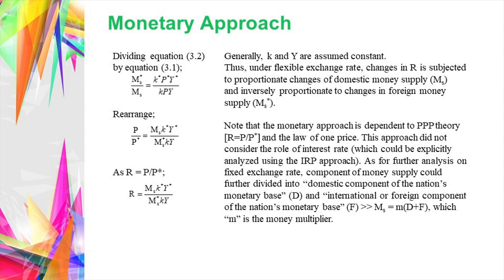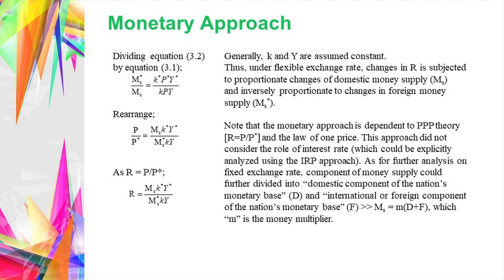Thus, under a flexible exchange rate, changes in R are subject to proportionate changes of domestic money supply, MS, and inversely proportionate to changes in foreign money supply, MS asterisk. Note that the monetary approach depends on PPP theory and the law of one price, R equals P divided by P asterisk.